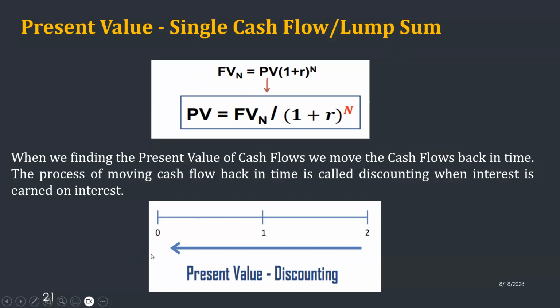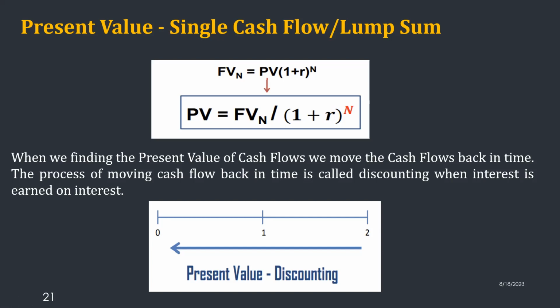Previously, when we talked about the future value, I told you that on a timeline, zero is today's value and the beginning of period one. When we go forward to the future value, we are compounding the cash flows.